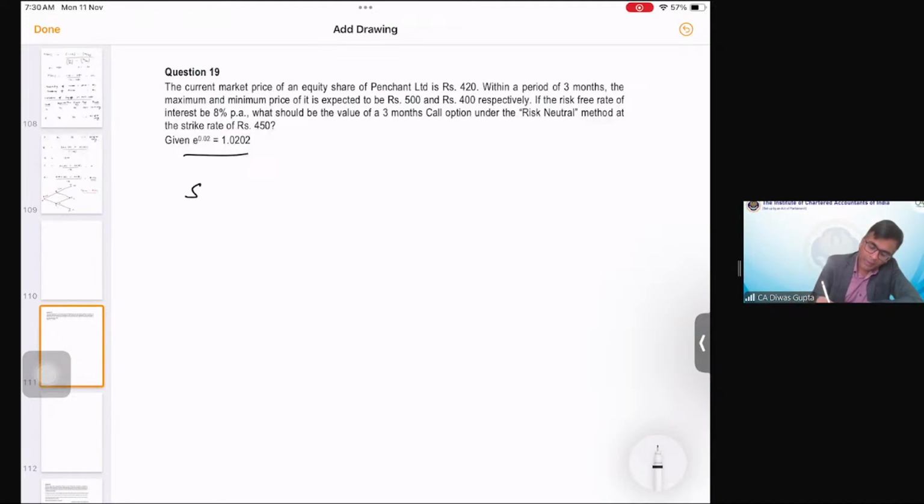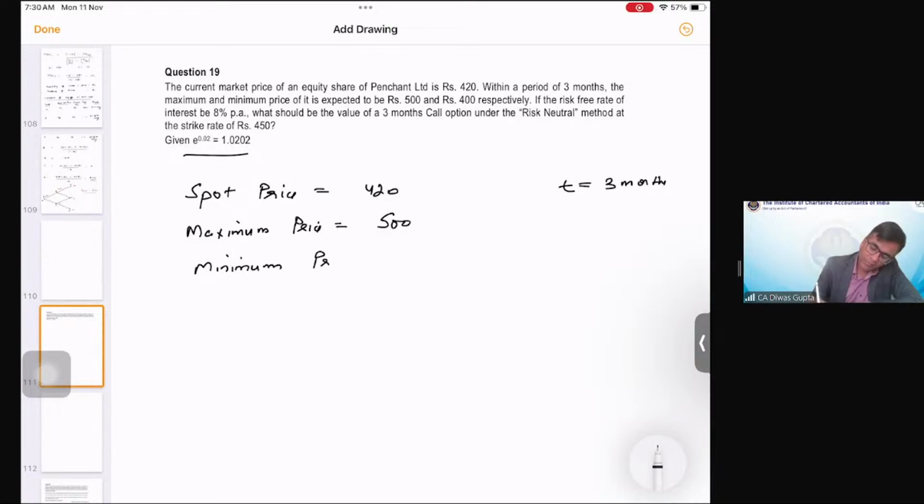Let's plot all the numbers that are given to us. What is the current spot price? 420. Time period is actually 3 months. The maximum price is actually 500 and the minimum price is actually 400.